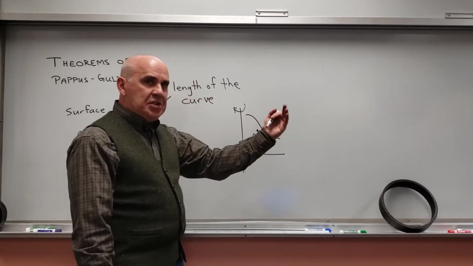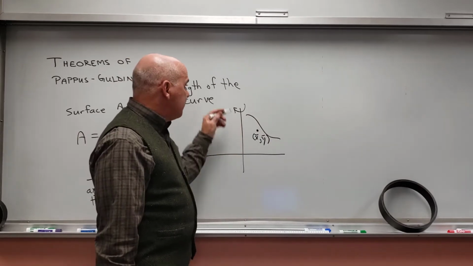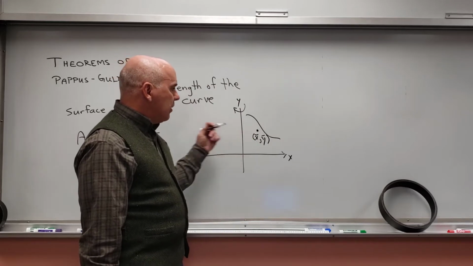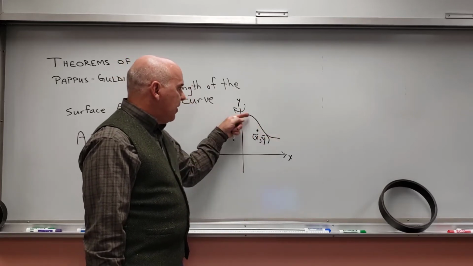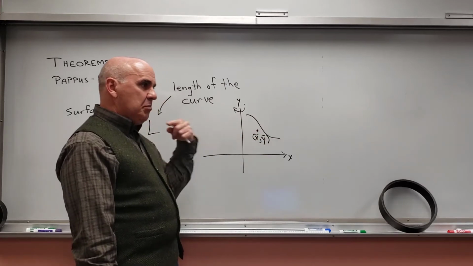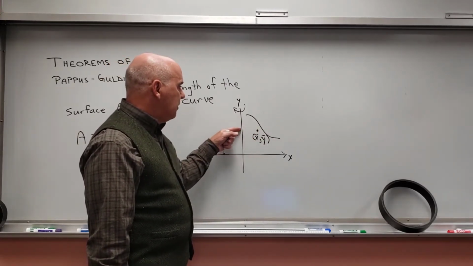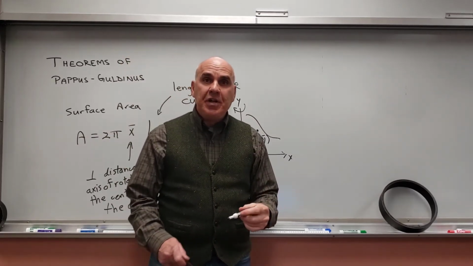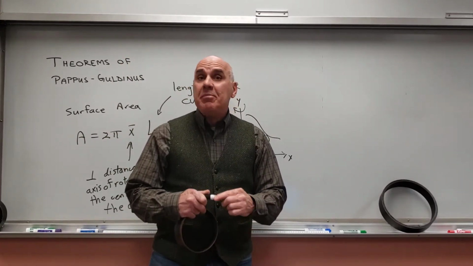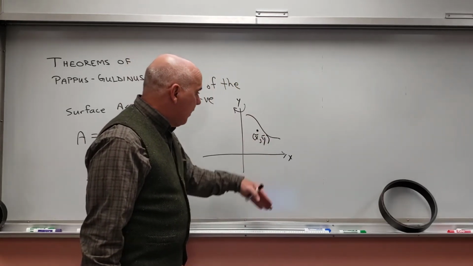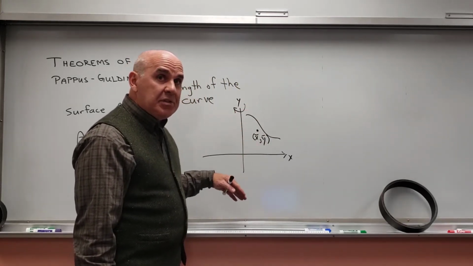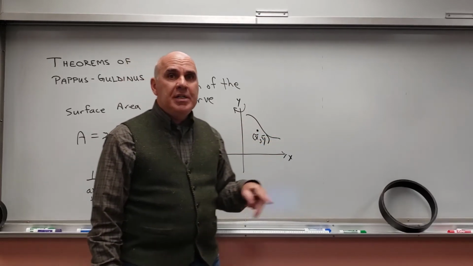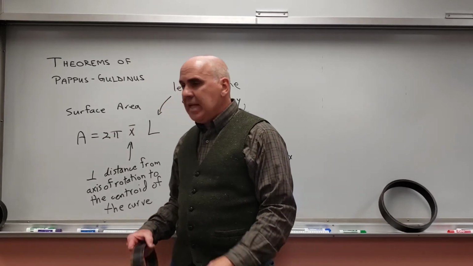When I rotate this shape around the y-axis, I take the length of this curve and multiply that by 2 pi times x bar, because I'm rotating around the y-axis, and that gives me the surface area of that shape. If I rotate it around the x-axis, then I would take the same length, but multiply by 2 pi times y bar instead of x bar. That's the first theorem.